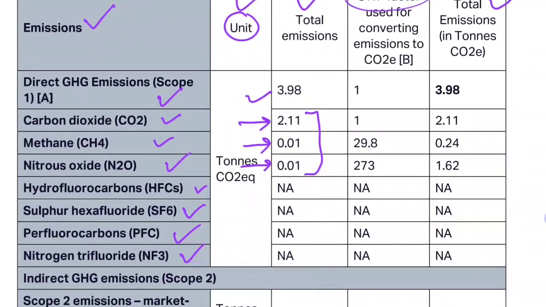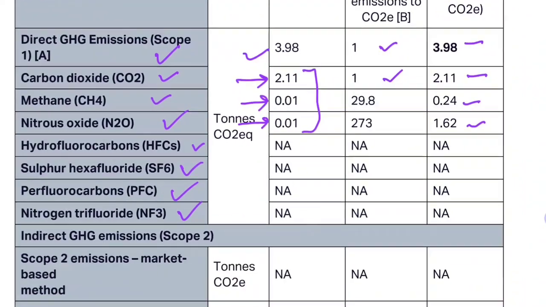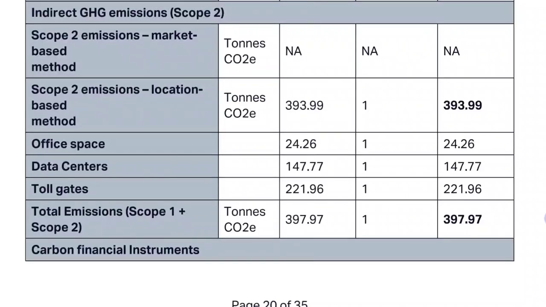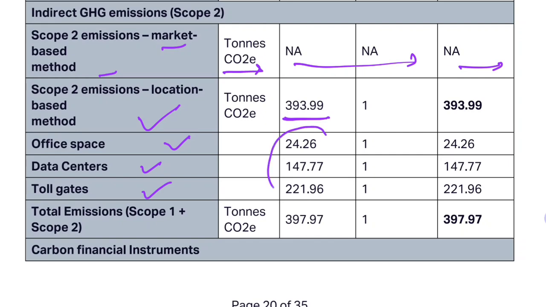Conversion factor is given here, and total emissions. Total emissions for us, so calculated. Then scope 2, this is the market based approach, not applicable, as we have discussed earlier. Location based approach, yes, this is the data available for office spaces, data centers, toll gates.